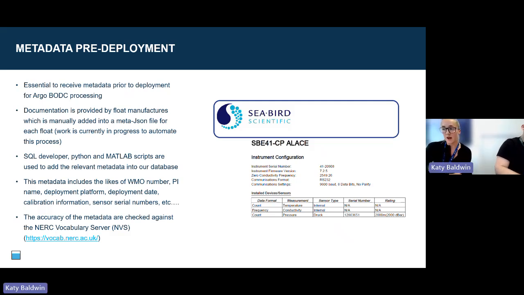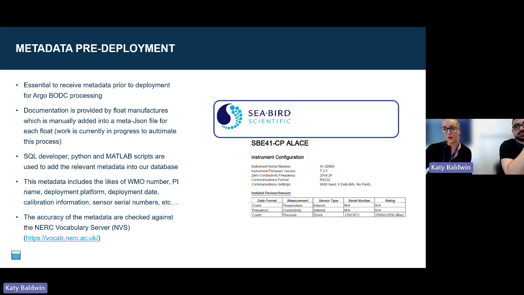So once a float reaches the surface, it begins to transmit the near real-time data to satellites, which begins the automatic retrieval process. However, before a float is even deployed, it's essential, just like with gliders and ALRs, that we have documentation, so the relevant metadata for each specific float already loaded into the BODC systems.